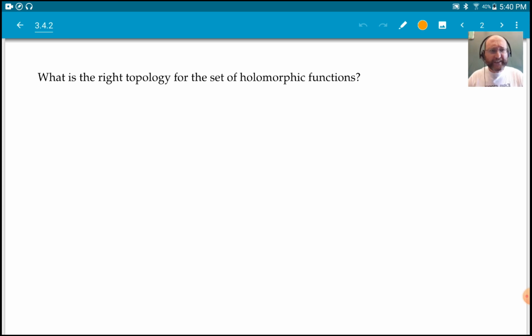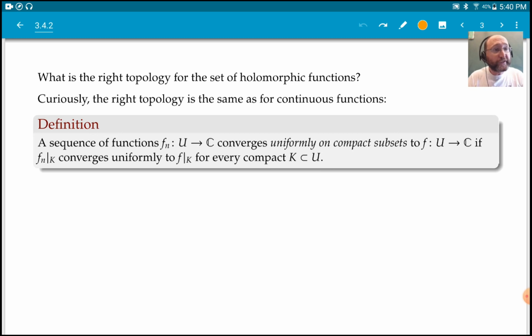As an analyst, if you're given a new class of functions, such as holomorphic functions, one of the first things you should ask is, how should we take limits of these functions? What's the right topology there? What's the right notion of convergence? Curiously, for holomorphic functions, this is actually the same topology as for continuous functions.